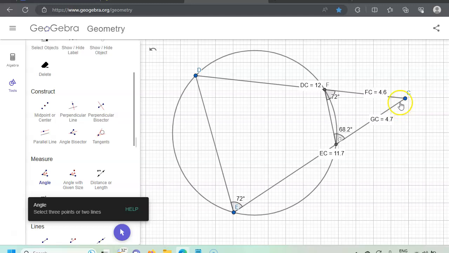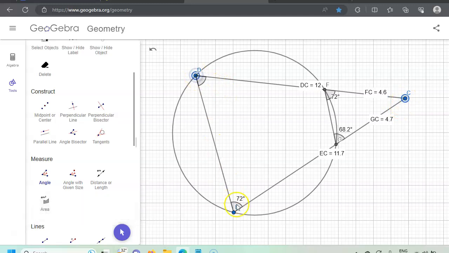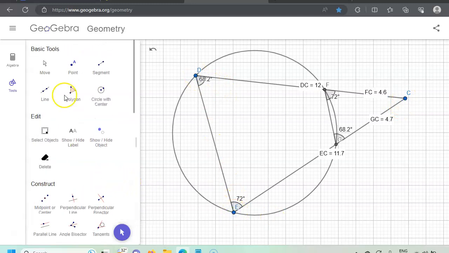corresponds with angle CGE. See, their measurements are equal, and of course, by reflexive property, angle FCG corresponds with angle DCE.